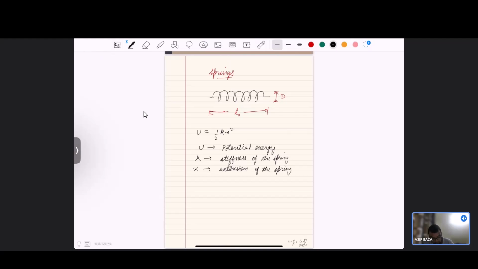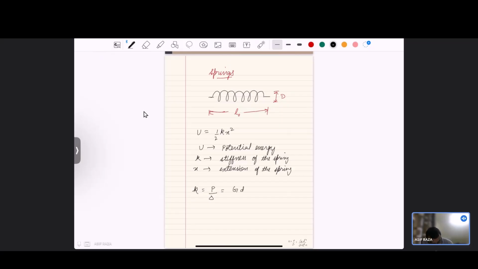Now, to calculate the stiffness of the spring, suppose P is the force applied and delta is the deflection.